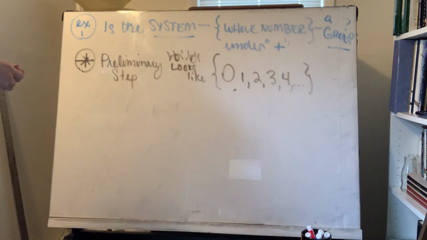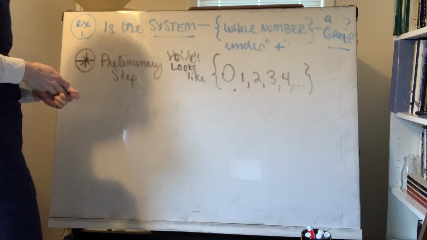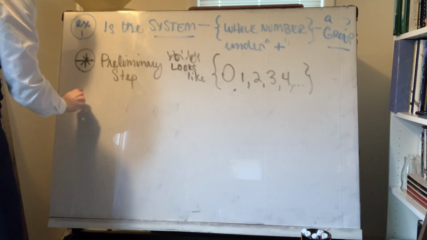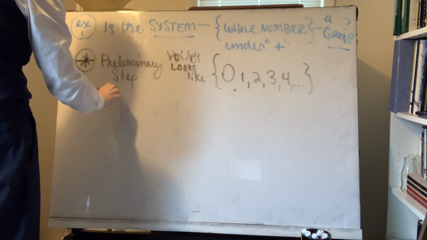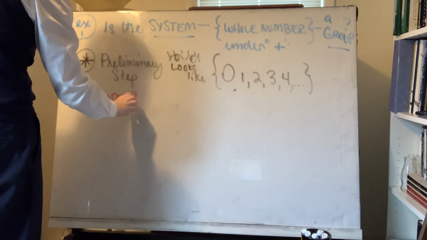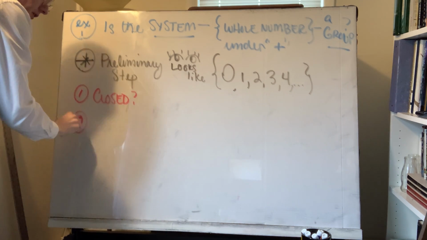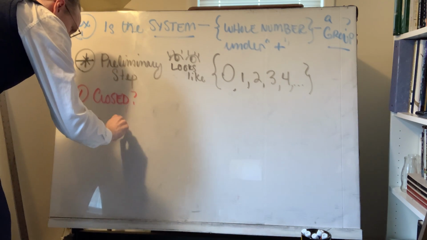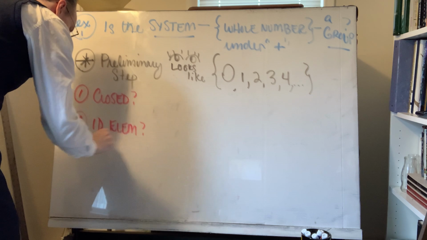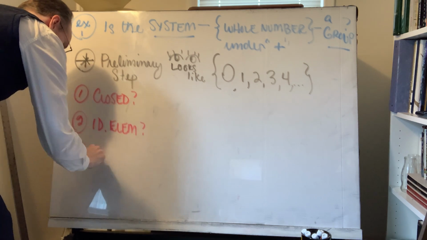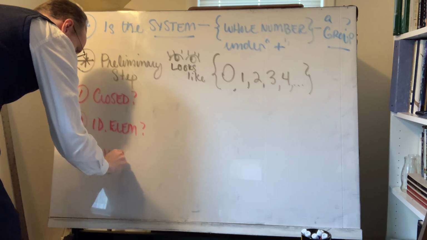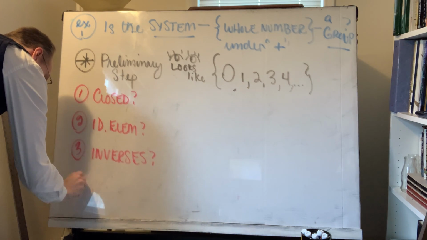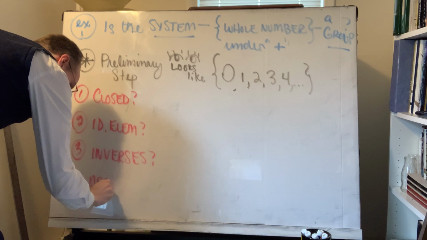Now we will check the criteria. We want to see if this is closed, if it incorporates an identity element, if there are the appropriate inverses, and fourth, if it's associative.